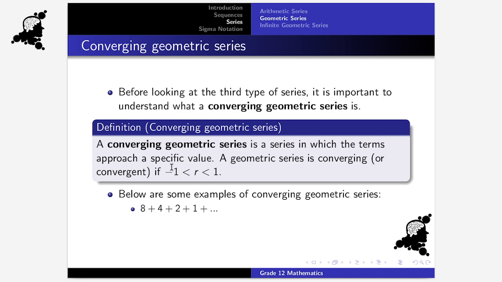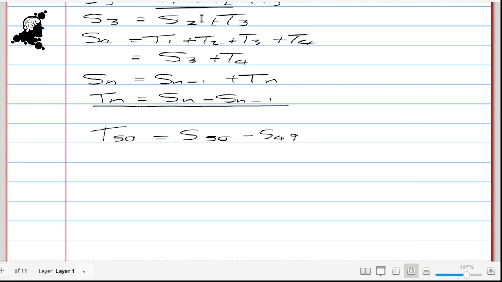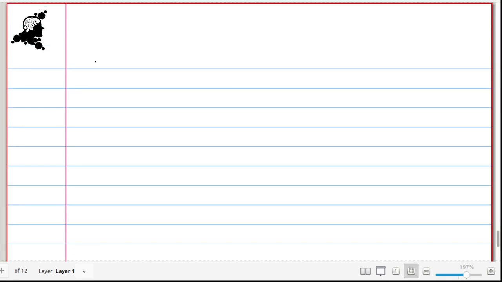8 plus 4 plus 2 plus 1. Let's go to the writing pad to actually understand why we're saying this is converging. So, we've got 8 plus 4 plus 2 plus 1. We said earlier converging sequences approach a certain value. Let's quickly calculate the value of r here.